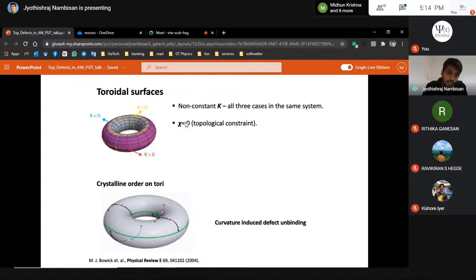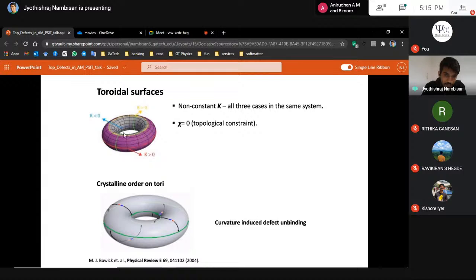Also, the Euler characteristic of a torus is 0. So topologically speaking, the torus is very similar to infinite flat space because they both have chi equal to 0. What this means is that if I put defects on this surface, topology says we don't need any defects, or rather we need an equal number of positive and negative defects.